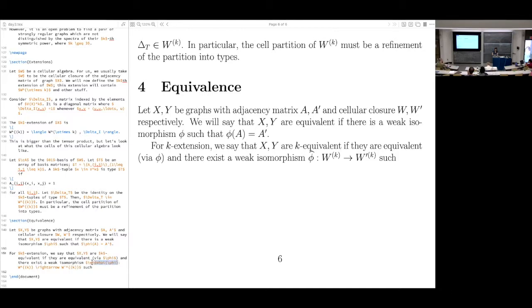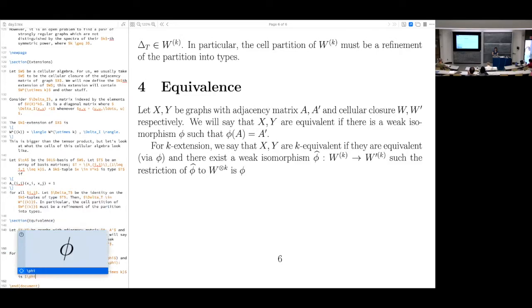This thing has to extend the previous phi, such that the restriction of this phi hat to the pure tensor, so to W to the tensor K, the kth tensor product of W, is phi to the K, and it needs, in addition, to map our special element, delta sub i, to the correct thing.